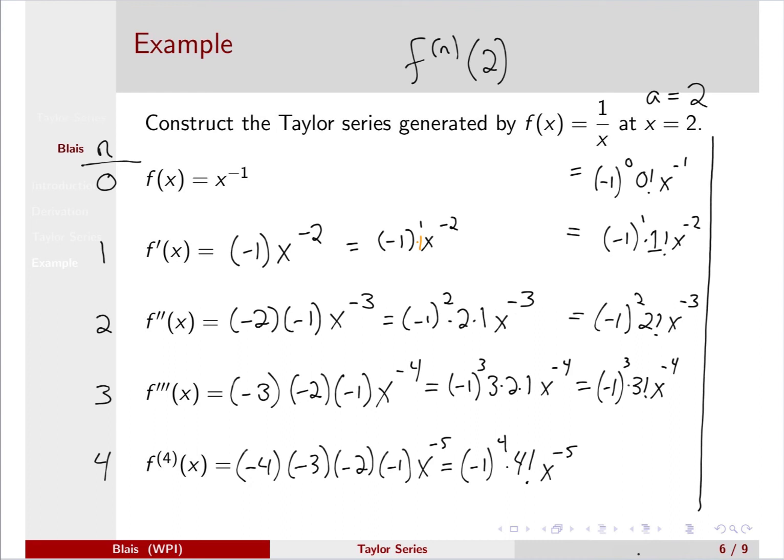It looks like what we have here is the nth derivative of f evaluated at x. Think about your n's. In this case, we had n equals 4. So we have minus 1 to the n times n factorial, x raised to the negative n plus 1.